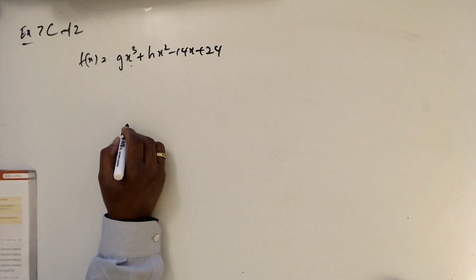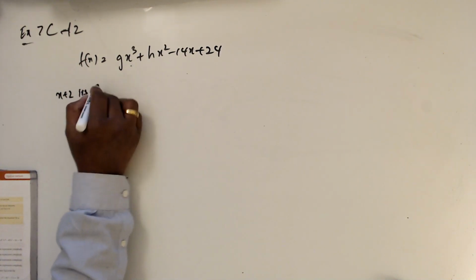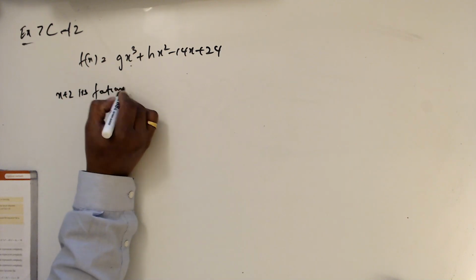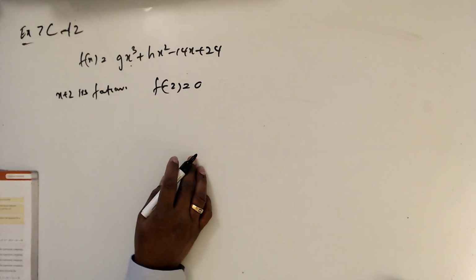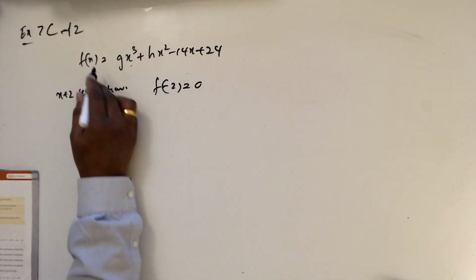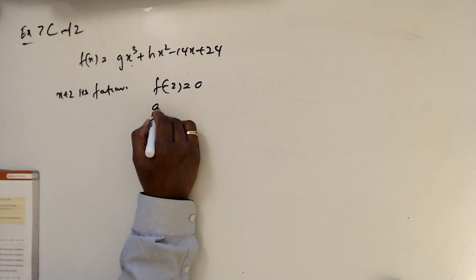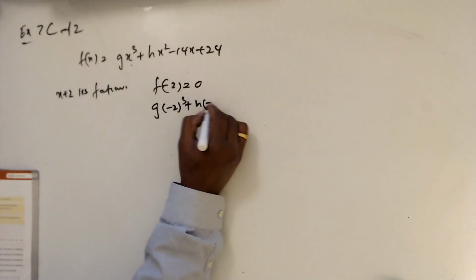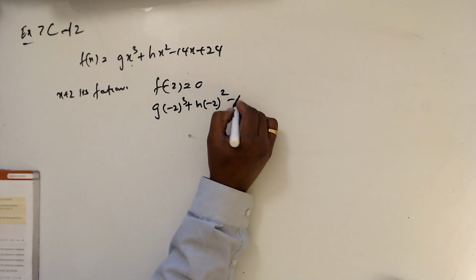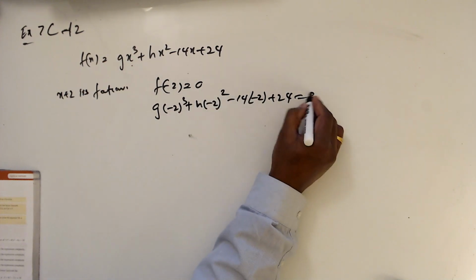Question number 12. x plus 2 is a factor. Then f of minus 2 has to be equal to 0. So we'll do it now. g times minus 2 cubed plus h times minus 2 squared minus 14 times minus 2 plus 24 equal to 0.